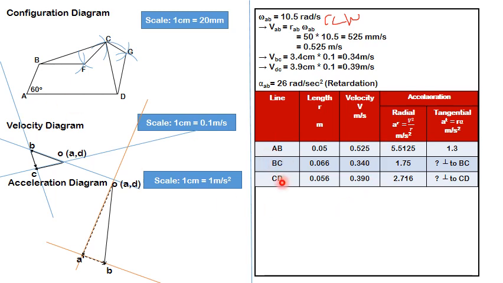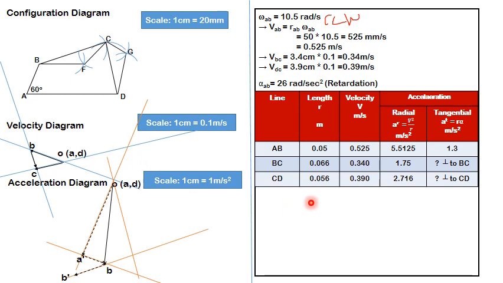Now for BC and CD, we know one value and we don't have the other value. So let us draw the known values first. Draw a line parallel to BC of 1.75 centimeter length. So I have drawn a line parallel to BC first, and on that line I have marked 2 points B dash, which are 1.75 centimeter apart.